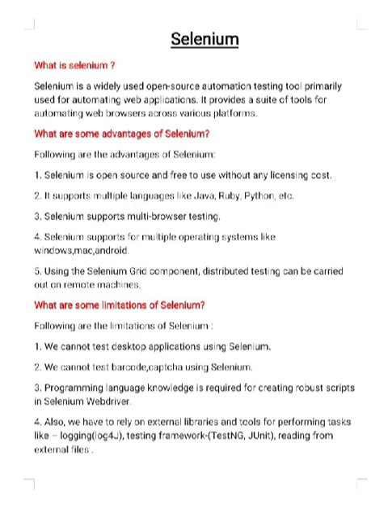After that, the third one is Selenium supports multi-browser testing. Multi-browser testing means, suppose we want to run our test script over Firefox, and some test cases we can run with the Chrome browser also. So that's what multi-browser testing means.